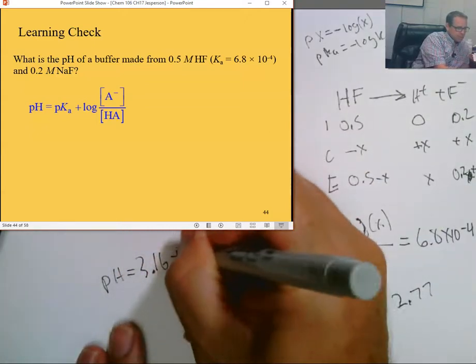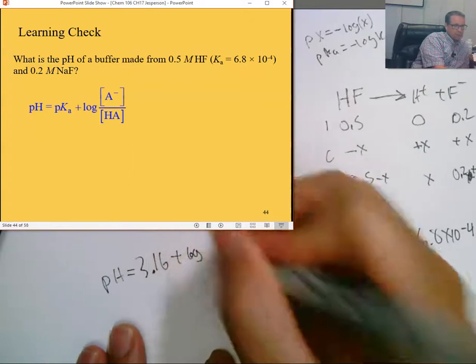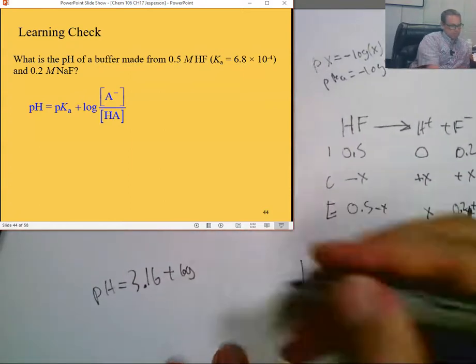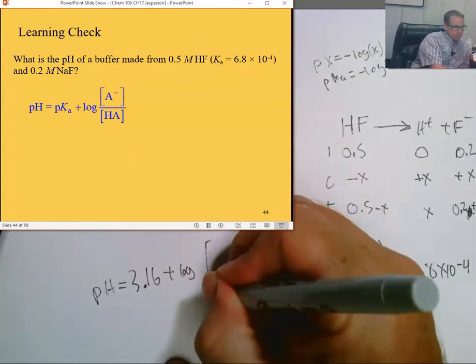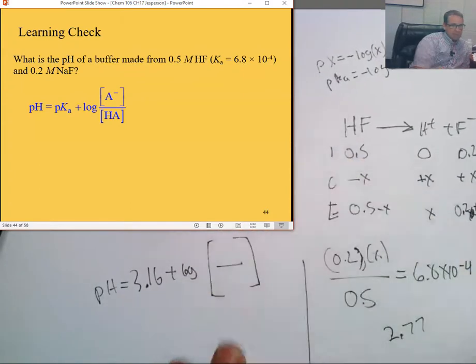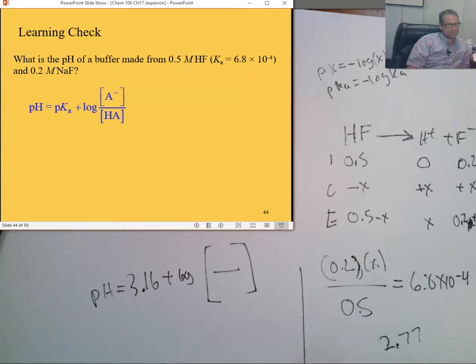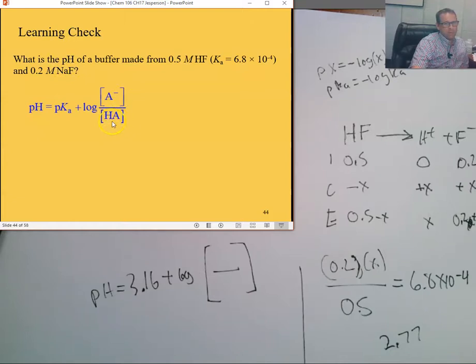So the pH is going to be 3.16 plus the log of what? Where am I going to get this A minus and this HA concentration? I know that the A minus is the dissociated form. But what number? Well, how about the HA?